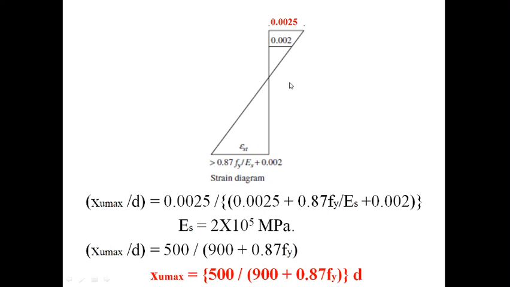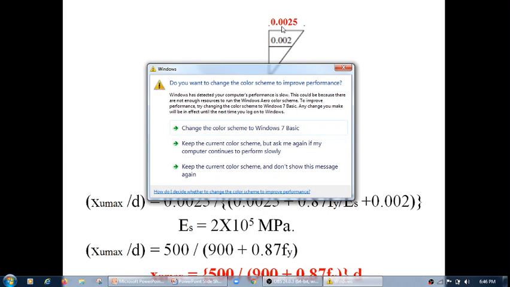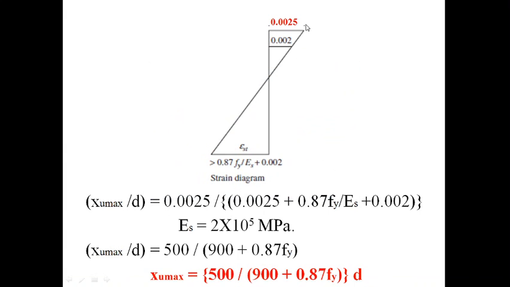Now what happens again? Of course this will remain the same. Now if I work out by taking this strain of 0.0025, then Xu,max by d will again be the same, but instead of 0.0035, now I will put 0.0025. Now again when I put Es equal to 2 into 10 raised to 5, Xu,max equals 500 divided by 900 plus 0.87 Fy into d.